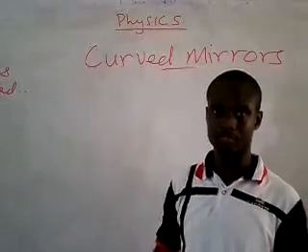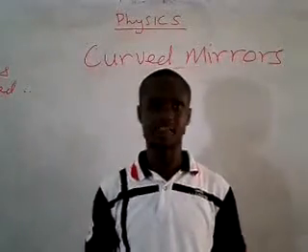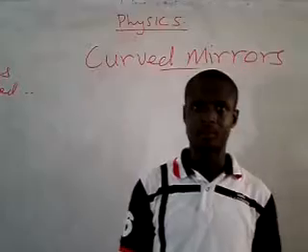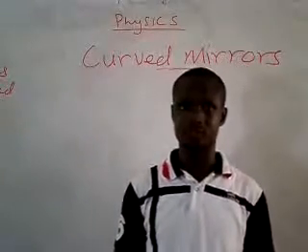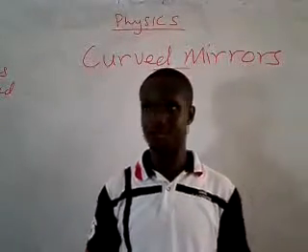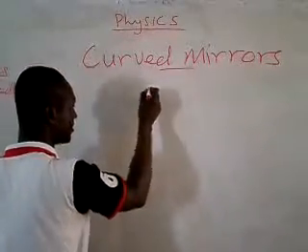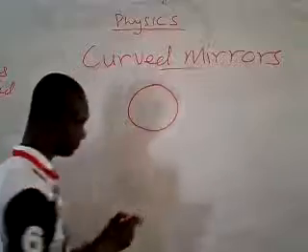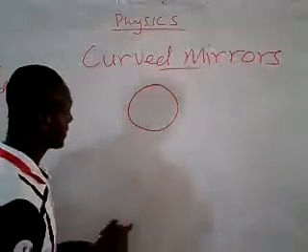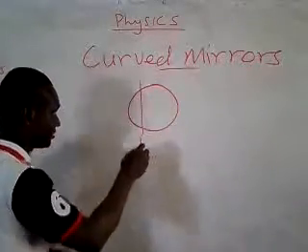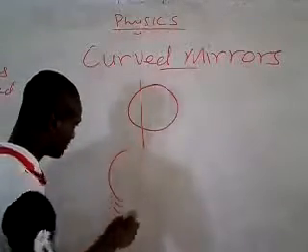And before I look at that one, when we say curved mirrors, they are formed from a sphere of glass. In case this is a sphere of glass, and part of this sphere is cut, so that we have something like this.